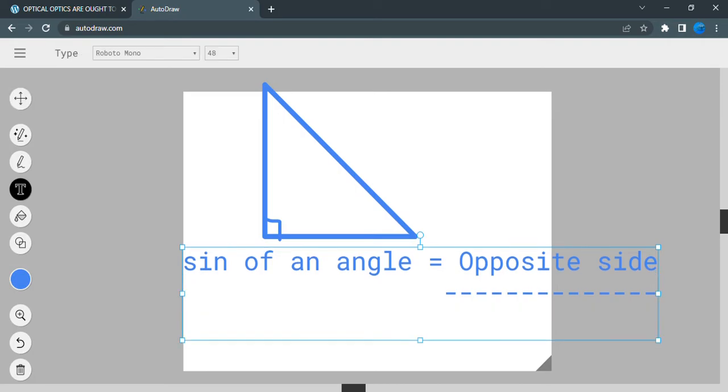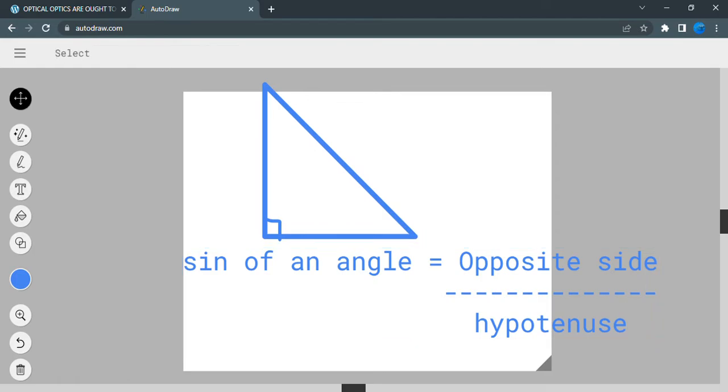Now you might also think, how do we calculate the sine of an angle if we don't have any measurements with us? For example, they have only given us one angle. Here, theta is an angle. Now, we don't know exactly what angle theta is.